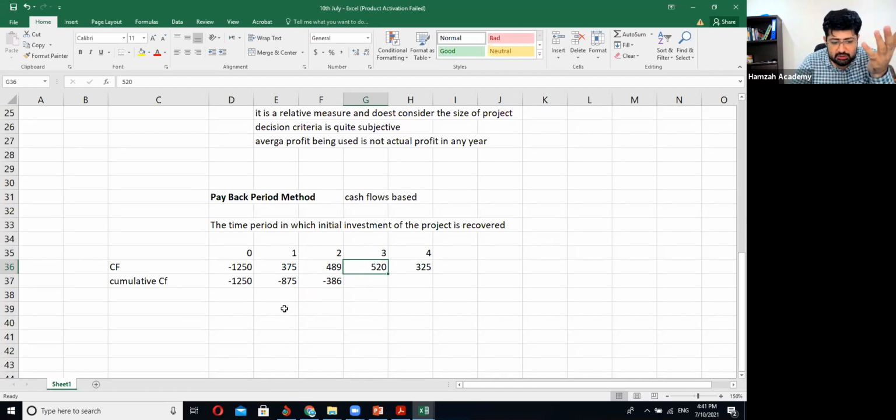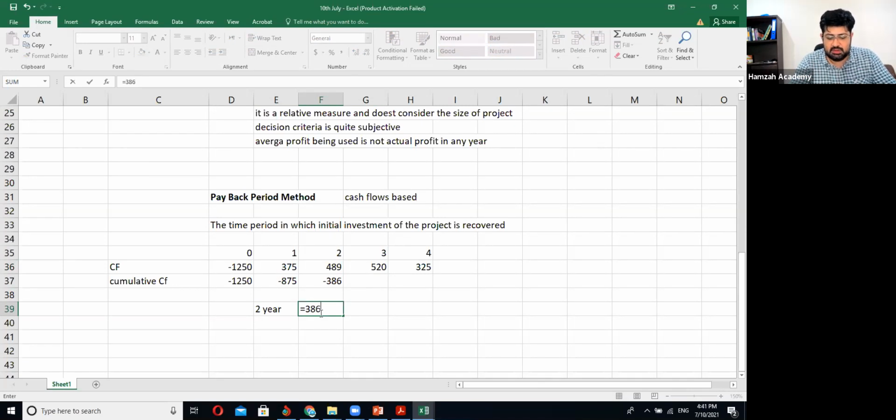Not the full year 3. So it means 2 years and how many years? 386 needed divided by this. So 0.74 years.